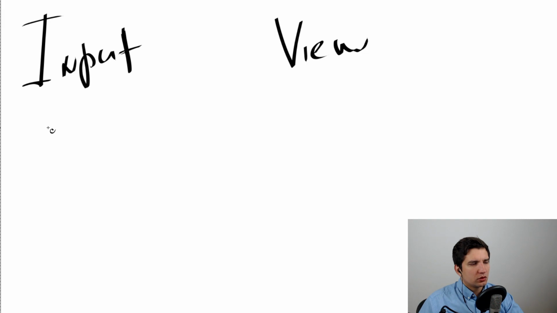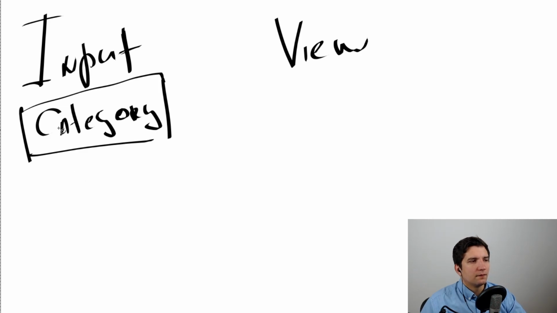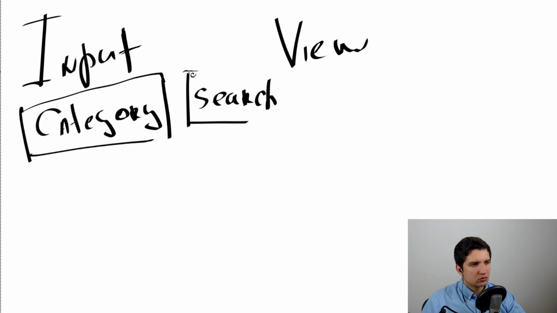So let's start with a simple definition: what is the input usually? In our case, when we're on a category page, first of all, it's the information about which category we are on. So this is our main scope, based on which we're gonna narrow down the result. Or it can also be a search query.